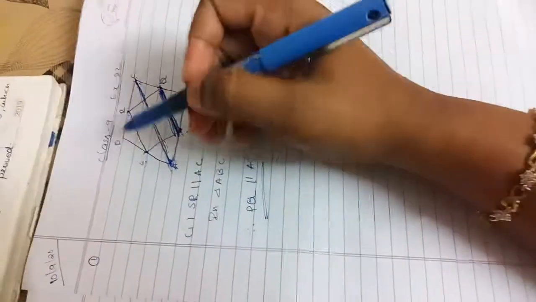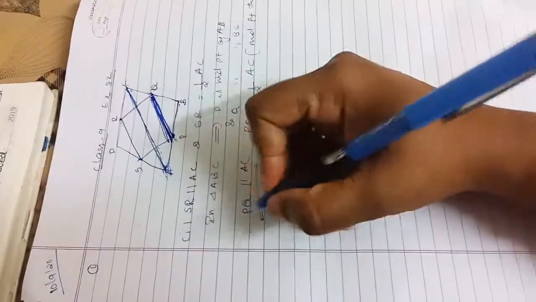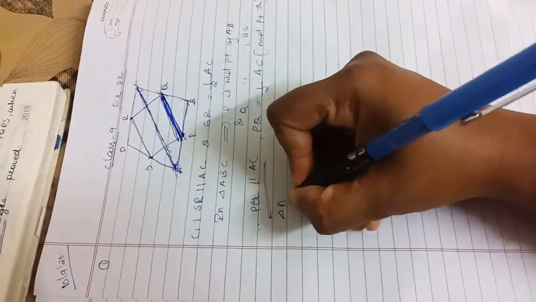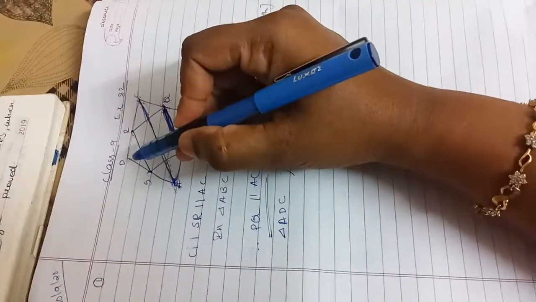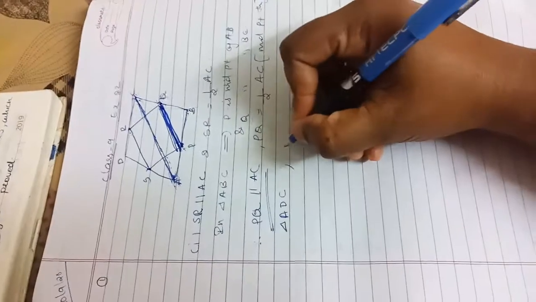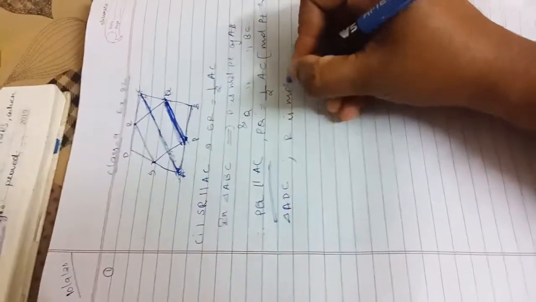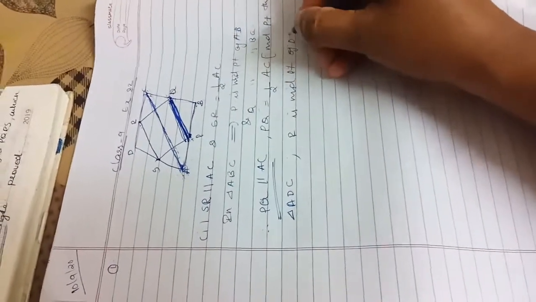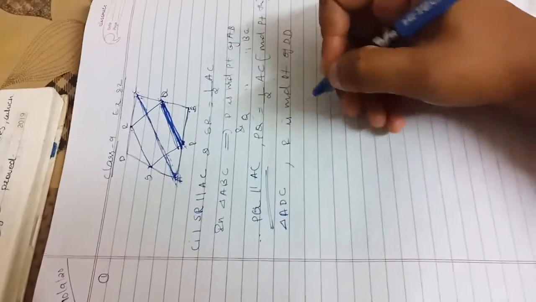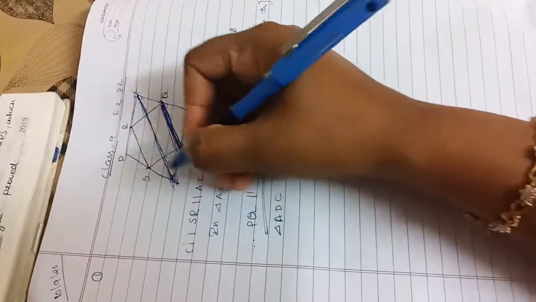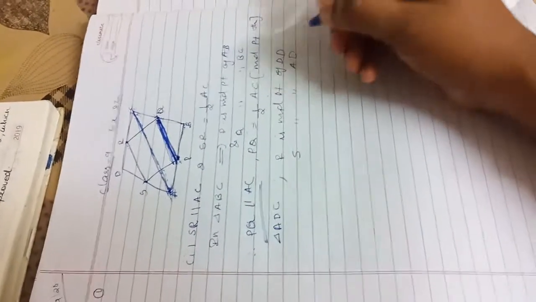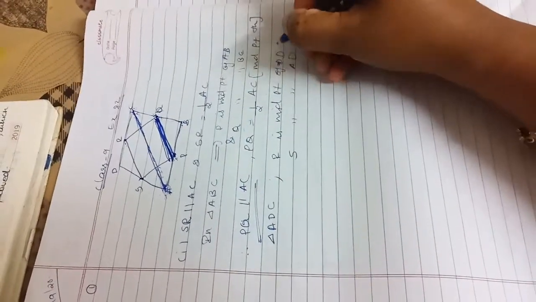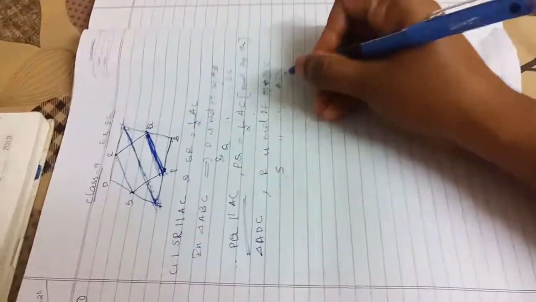So I am taking the triangle ADC. I am taking the next triangle. In triangle ADC, we can write here R is the midpoint of DC. So R is midpoint of DC. Same statements I am writing here. And S is the midpoint of AD. This is D, so DC. And S is the midpoint of AD.